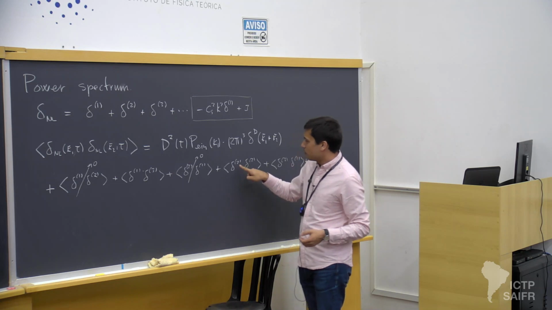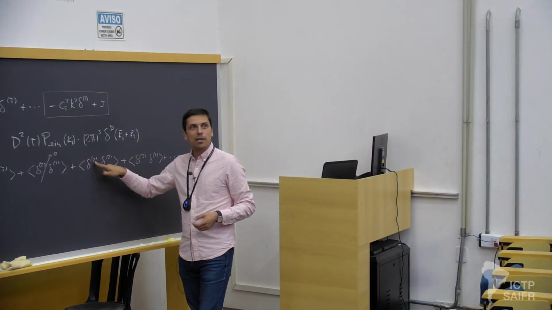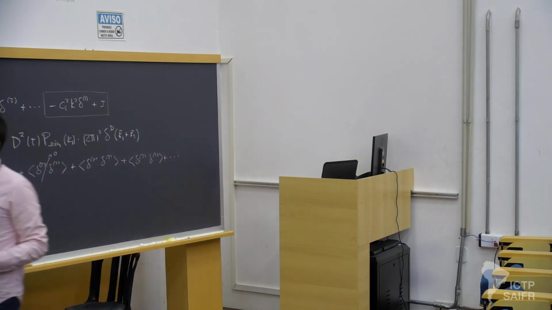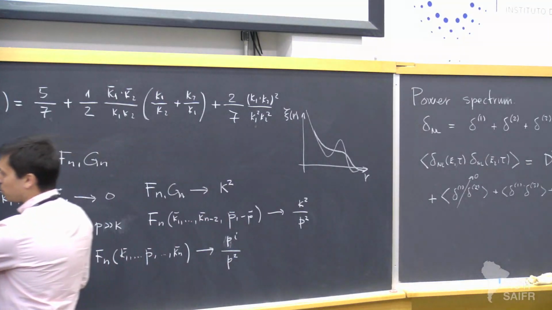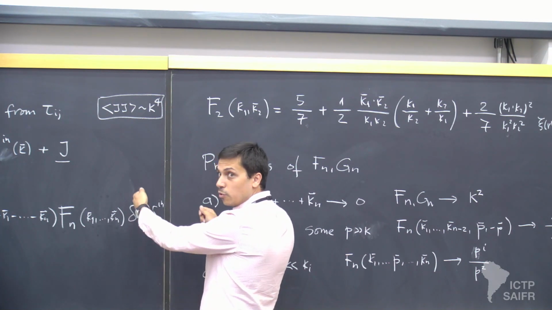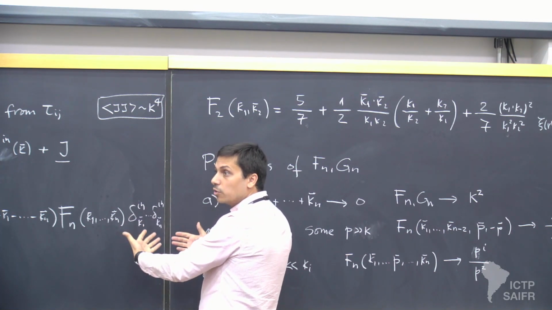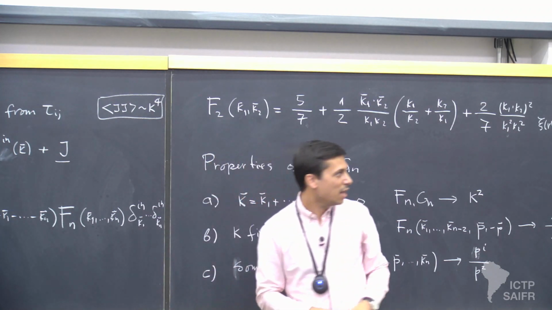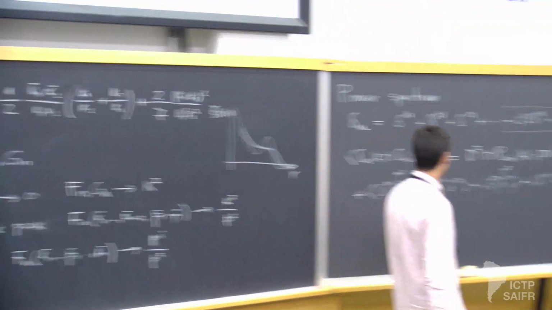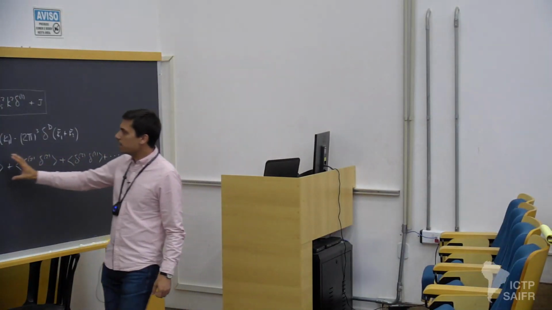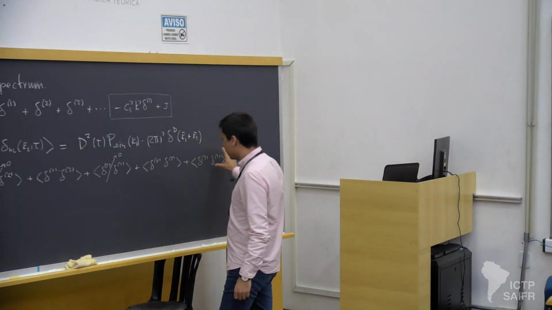However, if you have, for example, a second order field multiplied with another second order field, then you have 2 initial fluctuations multiplied with another 2 initial fluctuations. When you take the expectation value, this is not equal to 0 anymore. Okay? And the same thing for 1, 3. So basically, there are these contributions which survive.